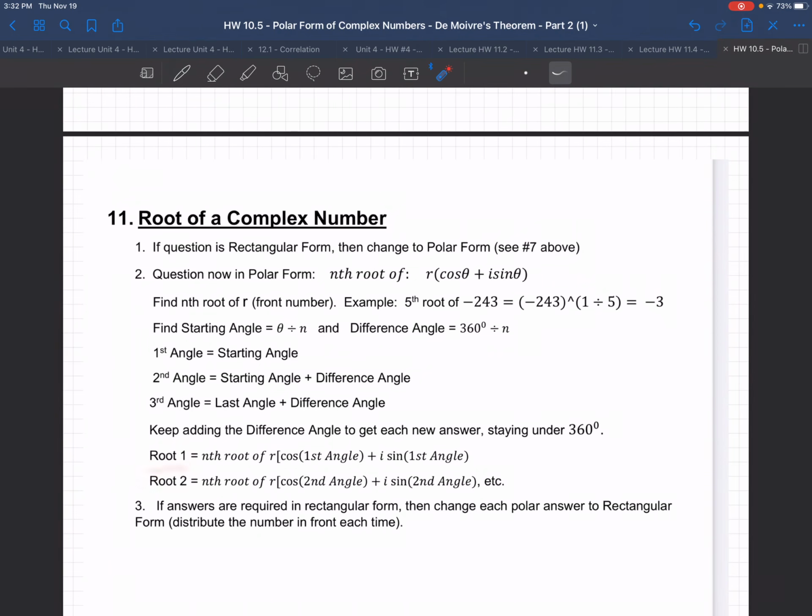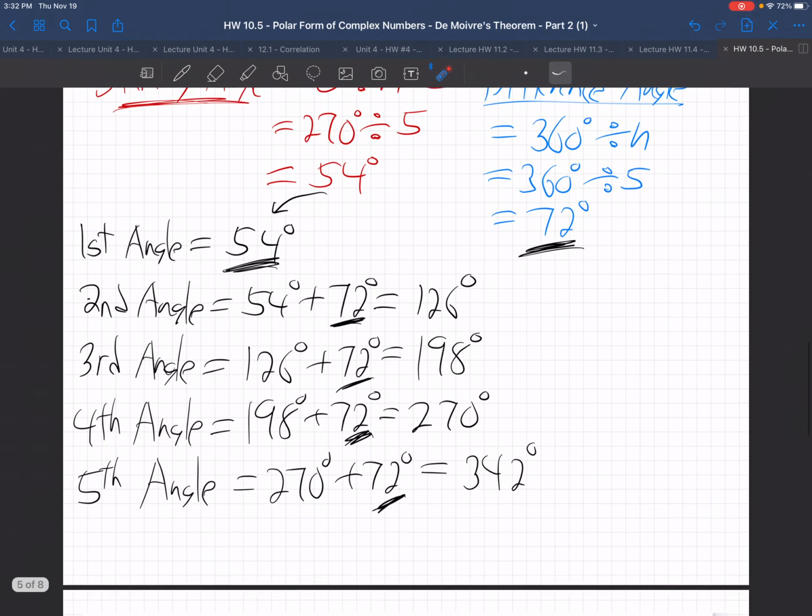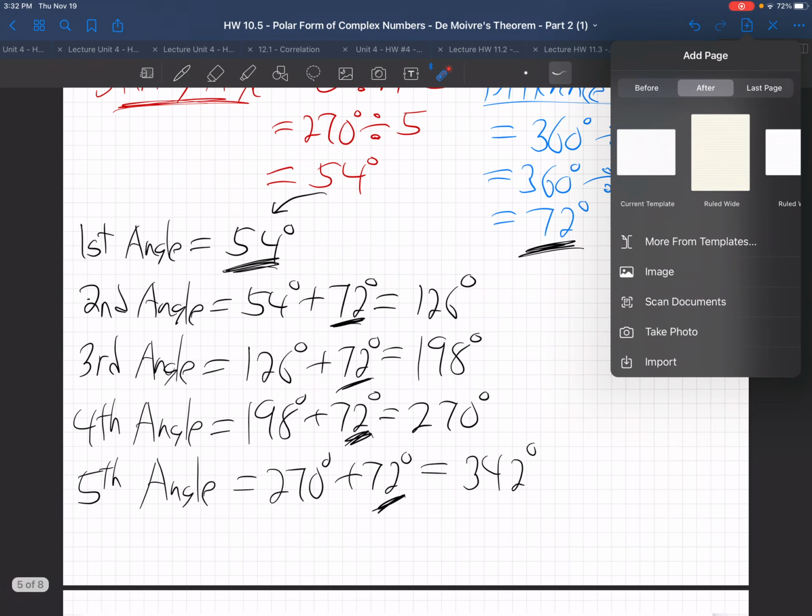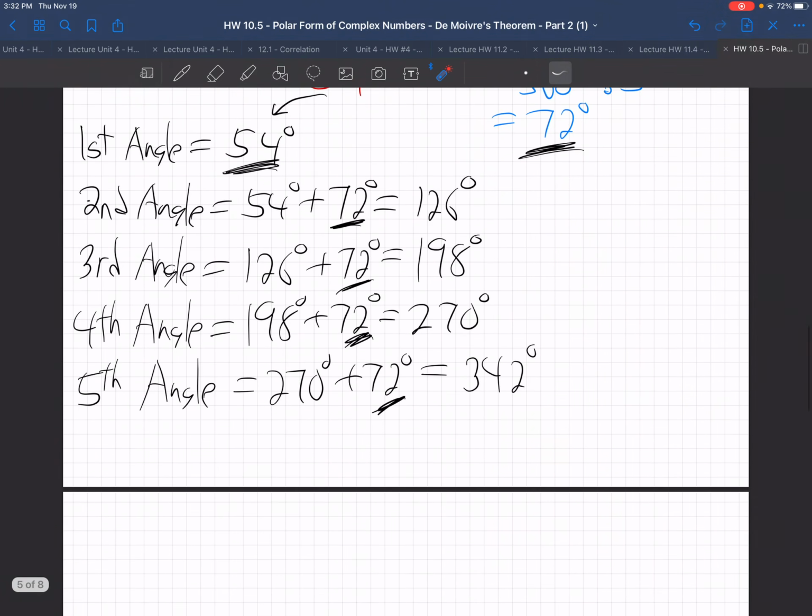Root number 1 is the nth root of r, that 4 we found, times cosine first angle plus i sine first angle. Root 2 is the nth root again, that 4, cosine second angle, i sine second angle, etc. So let's do it. So the first root is, what was that number in the front?